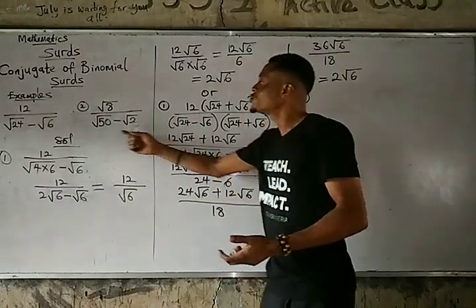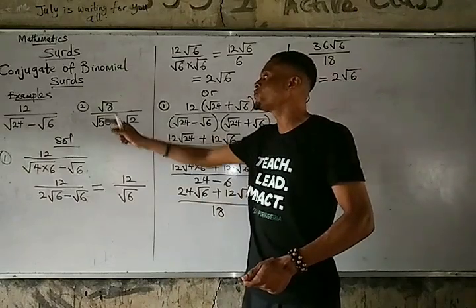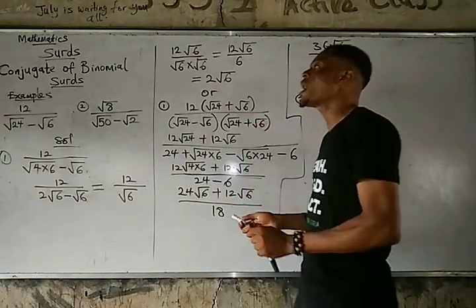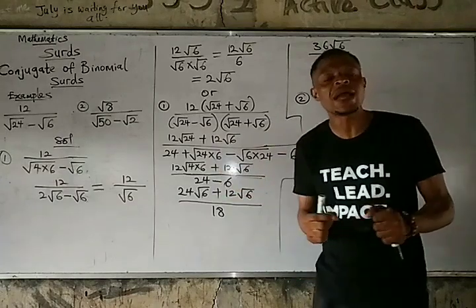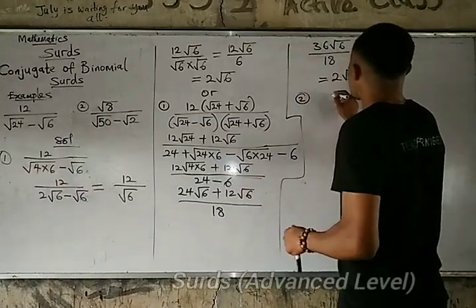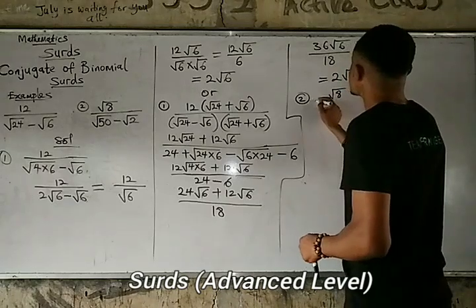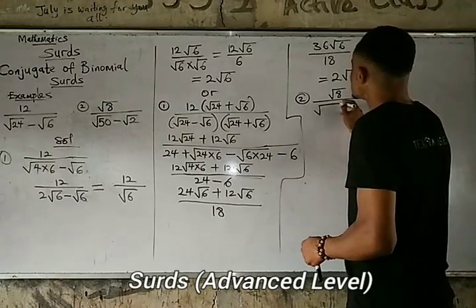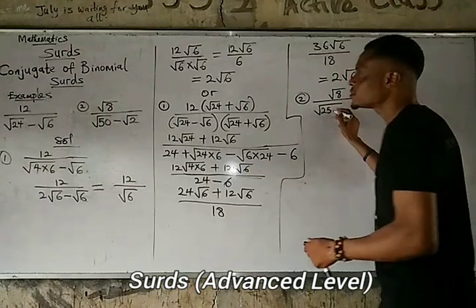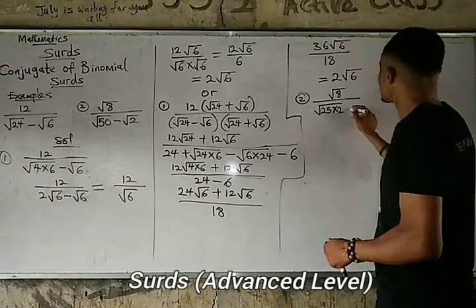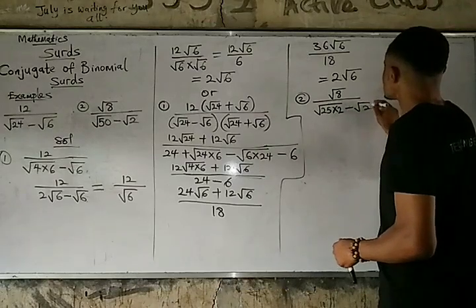You can either choose to first simplify root 50. And when you simplify root 50, you are going to have 25 multiplied by 2. Let's try to do it that way. So we have root 8 over root 25 multiplied by 2. Then we have minus root 2.